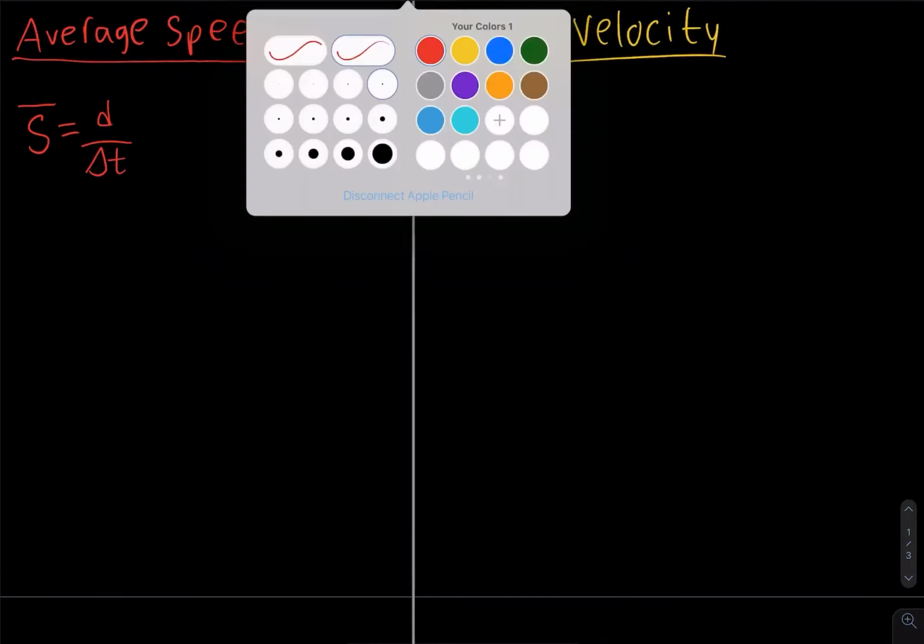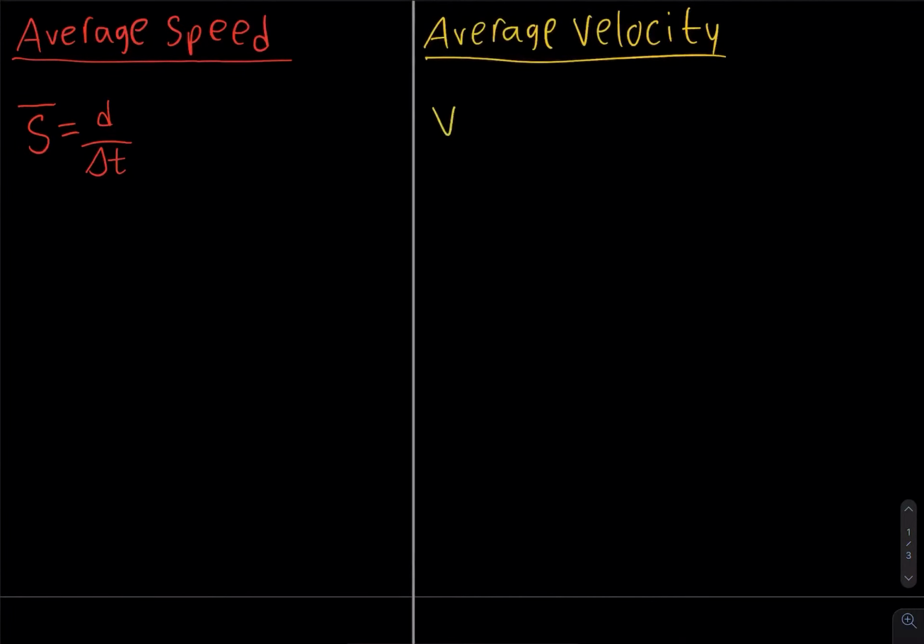Our average velocity, on the other hand, is going to be V bar, and that's going to be our displacement vector divided by the change in time. And just to get a clearer picture, this is x2 minus x1 divided by t2 minus t1. A lot of times this delta t will just be written as t because a lot of times our initial time is just 0 seconds, but more formally it's t2 minus t1.